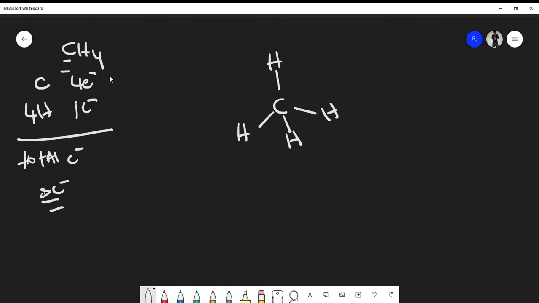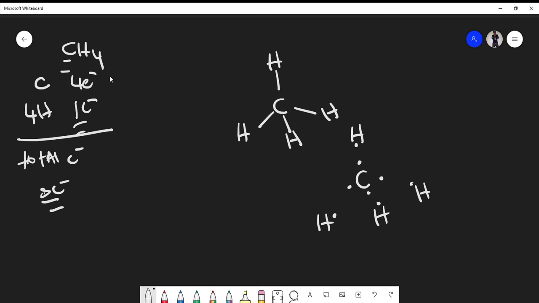Now, as an amateur in drawing Lewis structures, you could actually derive this simply from the valence electrons. So carbon has 4 valence electrons around it, right? We get that from the periodic table. We just said that carbon actually has 4 valence electrons. Hydrogen, on the other hand, has 1, like we said before, so each hydrogen is going to have 1 electron around it, right?